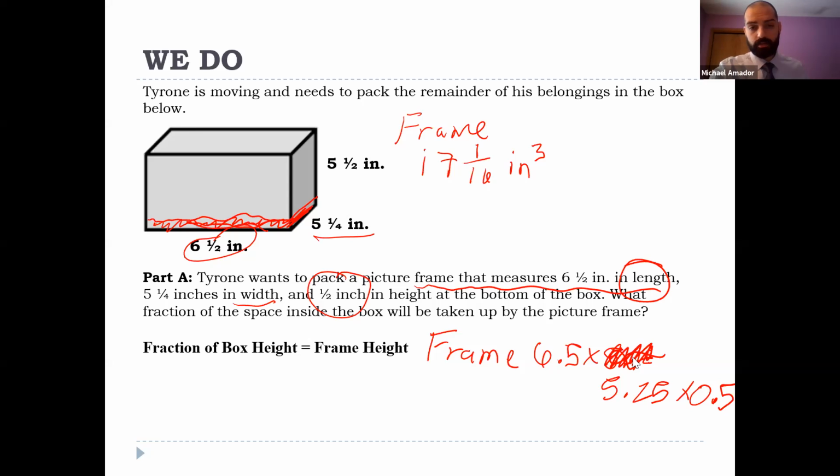Okay, Anaya. 17.0625. That's the volume of the picture frame. Oh, the volume of the box. I'm going to go to Silas.